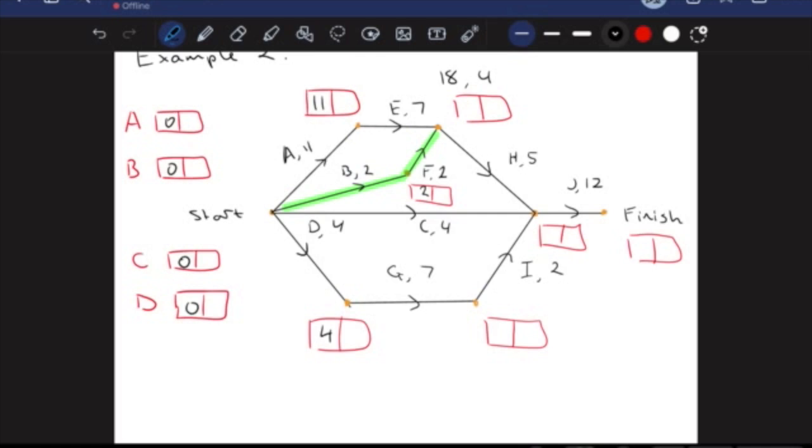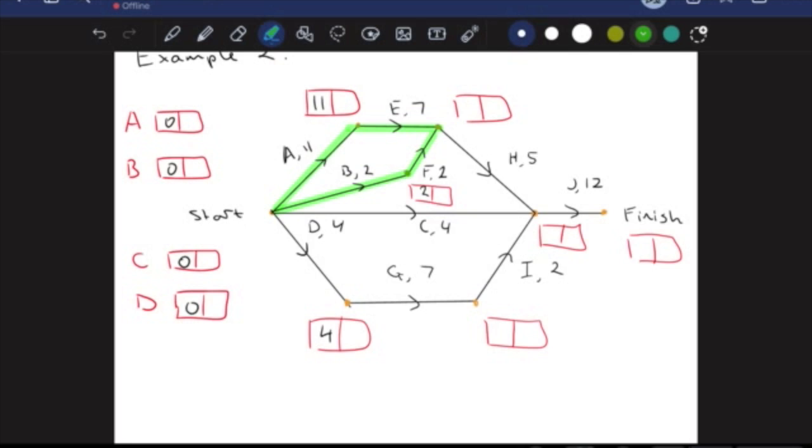Now, the reason why is that, sure, B and F get done really quickly, but we can't do our next activity, which is activity H, until every prior activity has been done. So in order to commence H, I really need this, this, this, and this to be done. Now, B and F get done quickly.